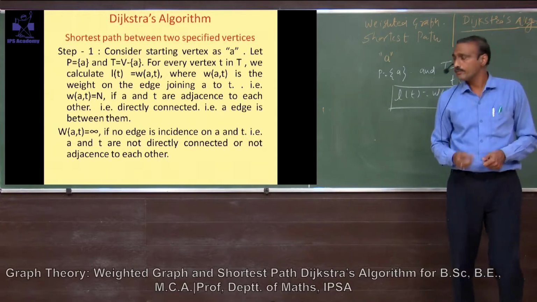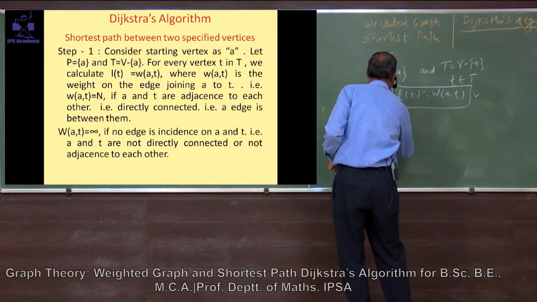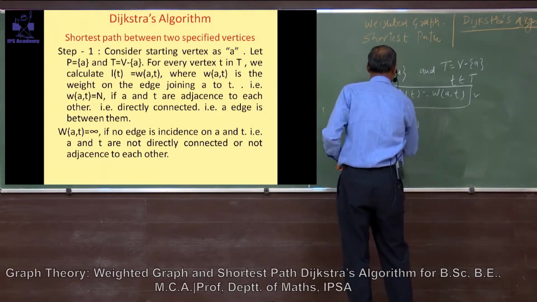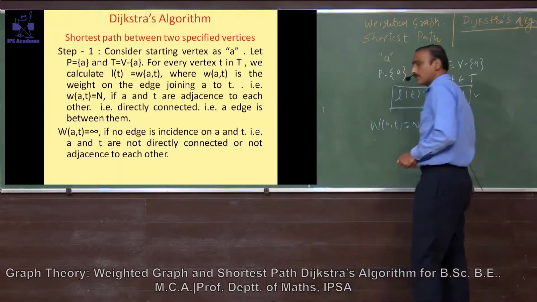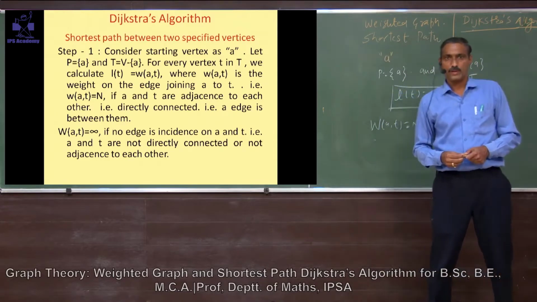That is, we define W of A comma t equals N, where N is the number which is the weight given on the edge.